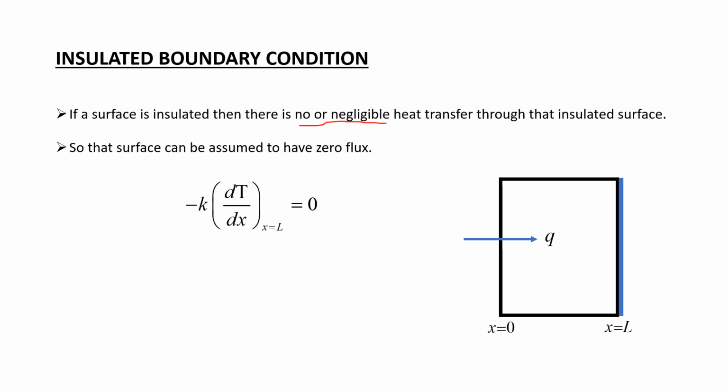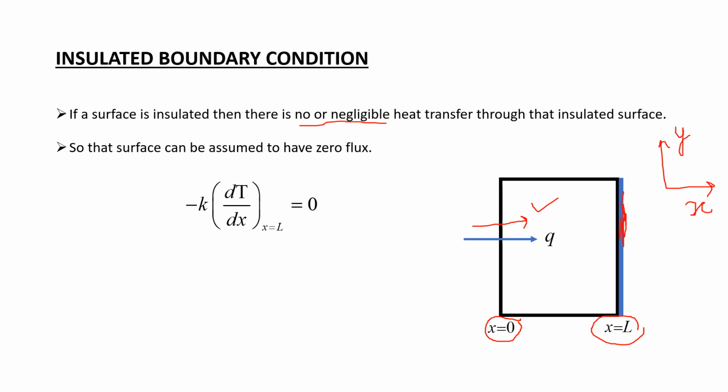Let's look into this diagram. This is our slab. It has the boundaries at x equal to 0 and at x equal to L. At x equal to L the surface has been insulated, so this is the insulation at x equal to L, represented by the blue color. This is the x direction and this is the y direction.